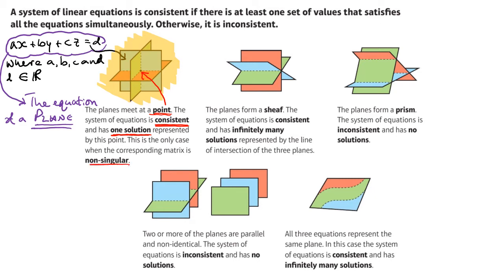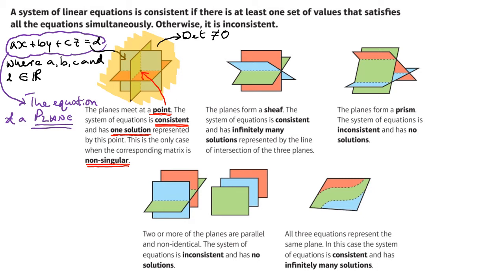If the determinant is not equal to 0, all of the equations will solve with one solution. They will meet at a point. So here we can determine if we're going to get this because the determinant will be non-zero, which means that the matrix is non-singular. So anytime we work out the determinant is non-zero, we know that all the planes meet at a point.